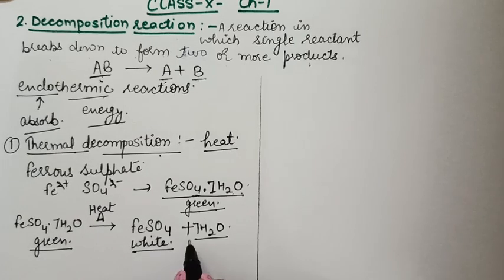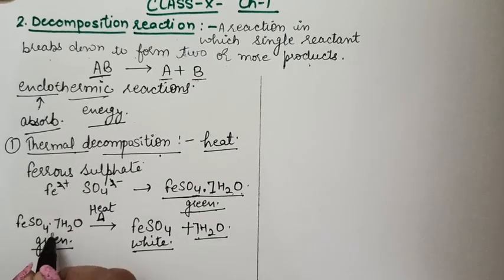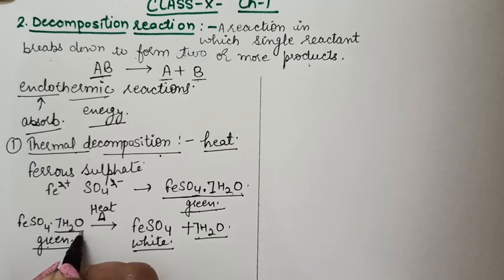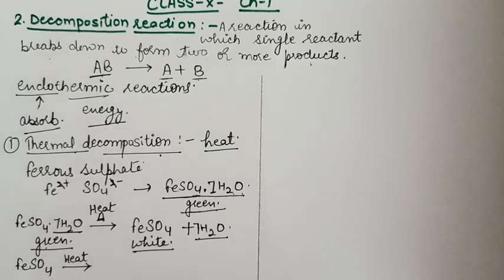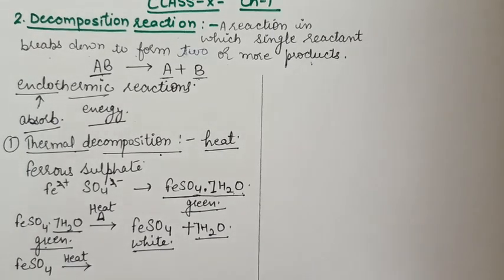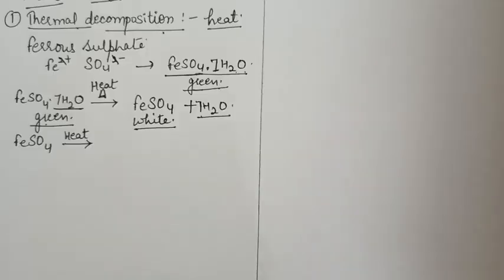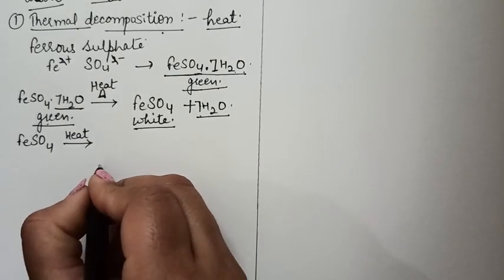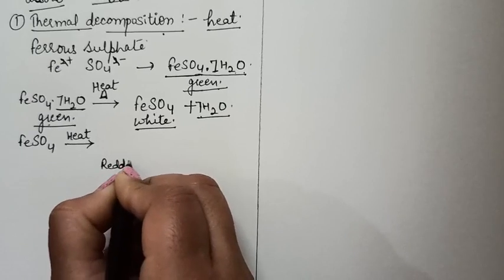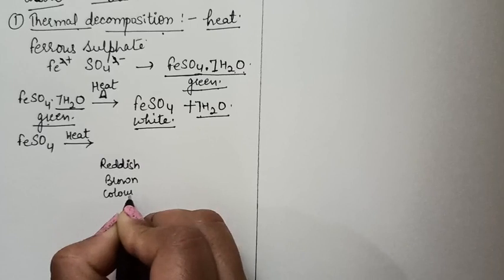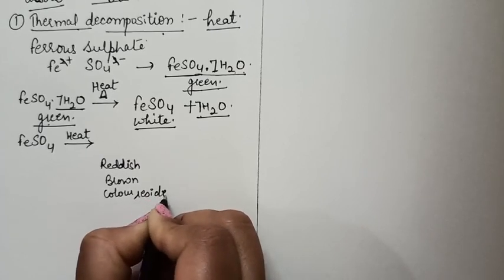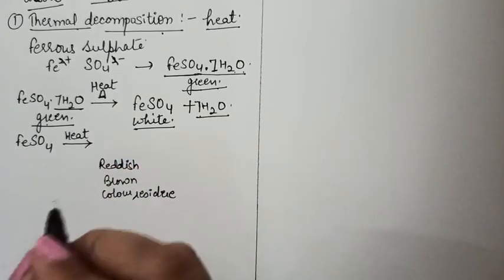From this, we came to know the green color is due to the presence of these water molecules. Further, when we heat FeSO4, on further heating, it will form reddish brown color residue of ferric oxide.